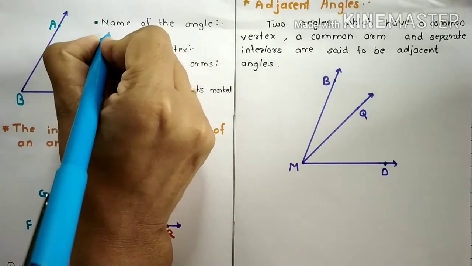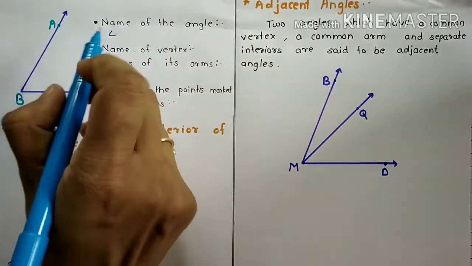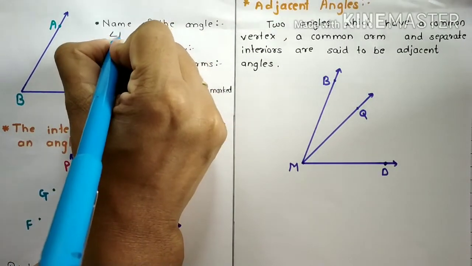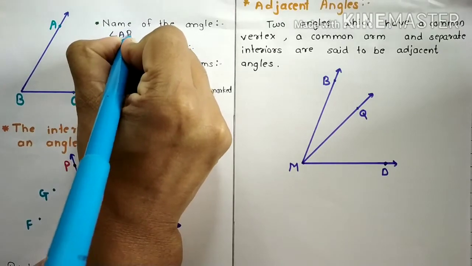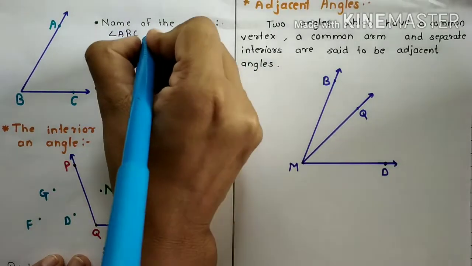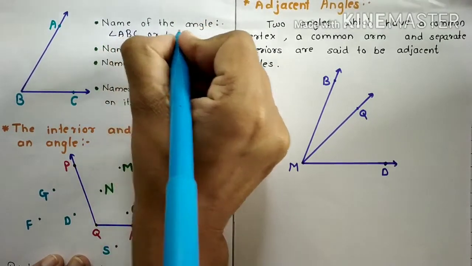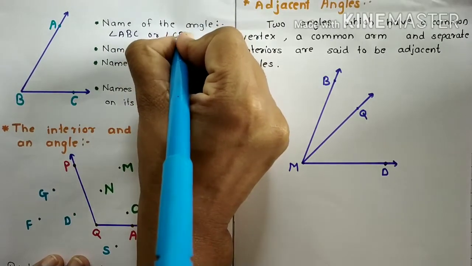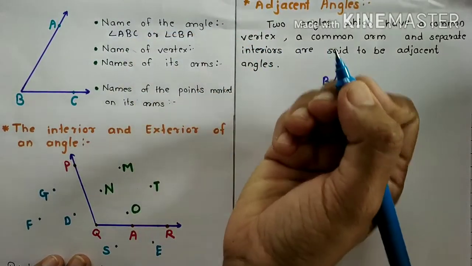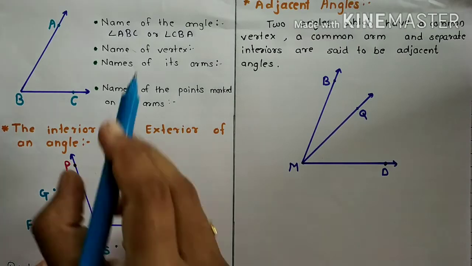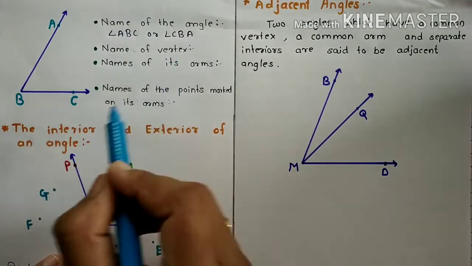So use the symbol of angle and write down the name: angle ABC or angle CBA.